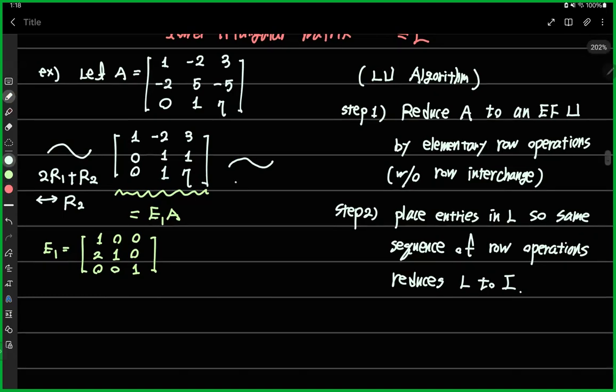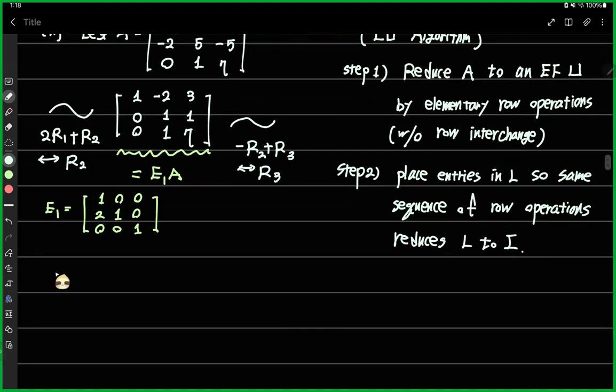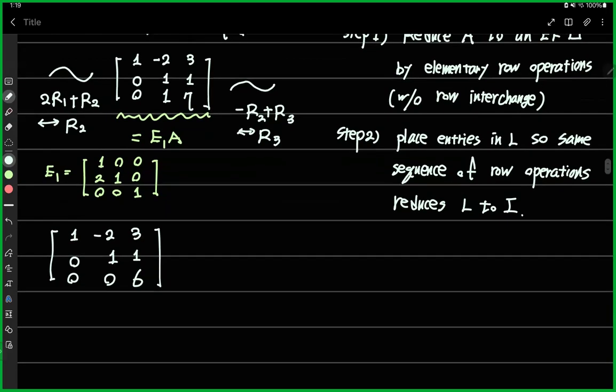To do that, we just add minus R1 plus R3, replacing R3. So then we got this. Let me write it down here. This is 1, -2, 3, and 0, 0, 1, and 1, 0, and then 6. Okay. So here we got E2, right?